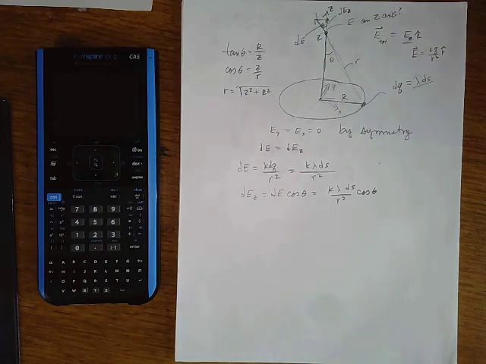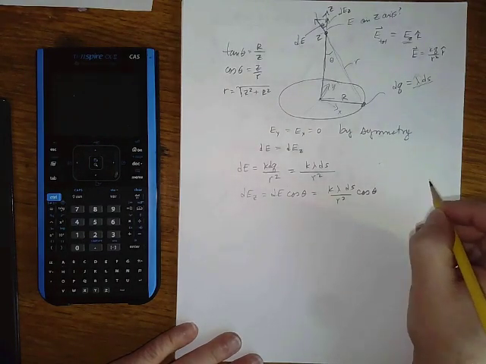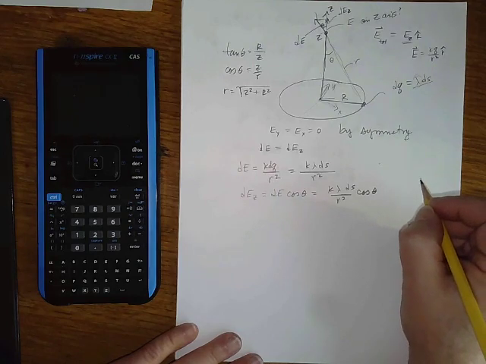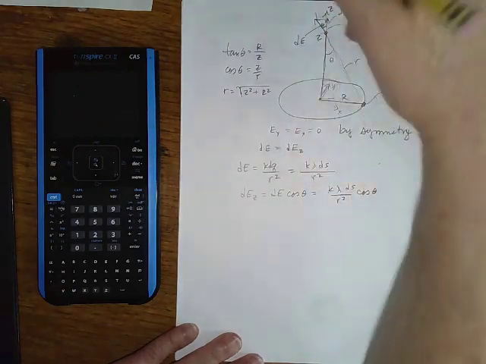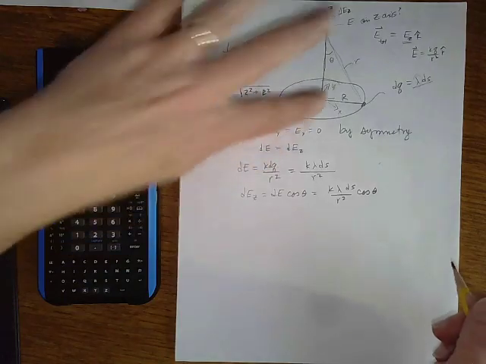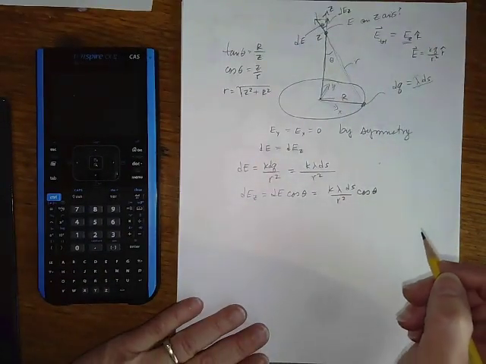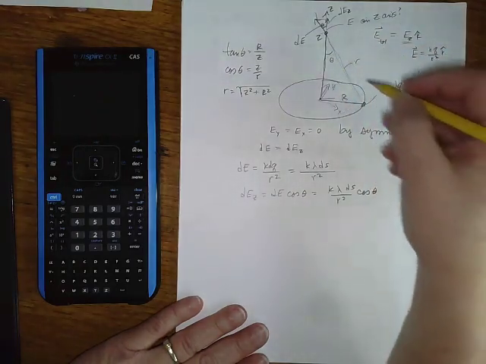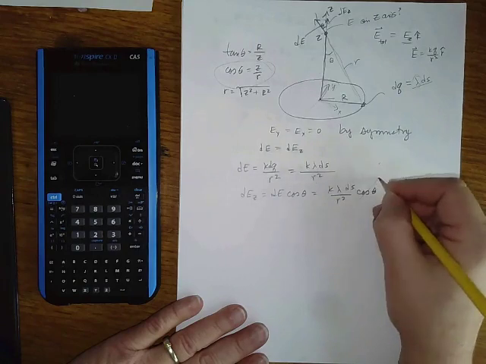But we need to watch what's potentially changing with s and z. We want this for a generic z, height above the plane of the ring. So let's put in what cosine theta is. Cosine theta is z over r.